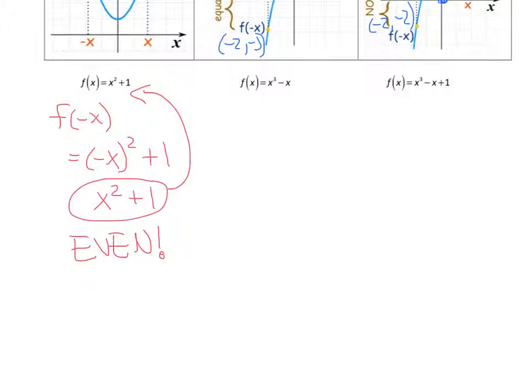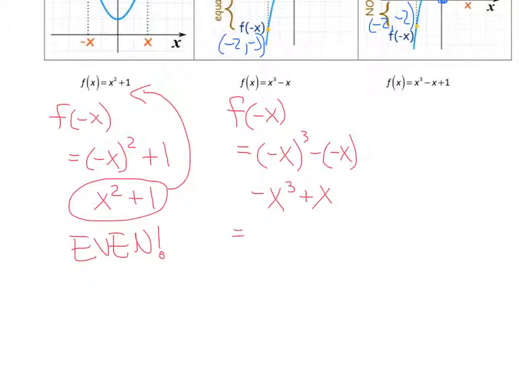Okay, let's take a look at this next example. Same test, we plug in negative x to the function. So negative x to the third minus negative x. Whenever you have an odd power, you do get a negative, so this is going to be negative x to the third. And when I subtract negative x, I get plus x. Now, every single term in this function, which is only two terms, changed to its opposite.